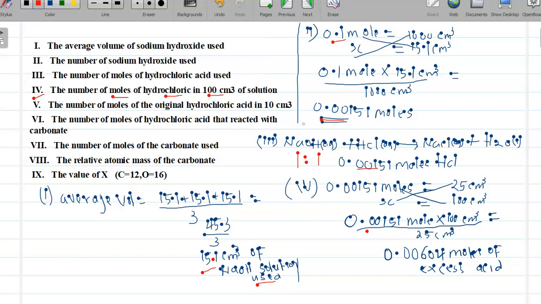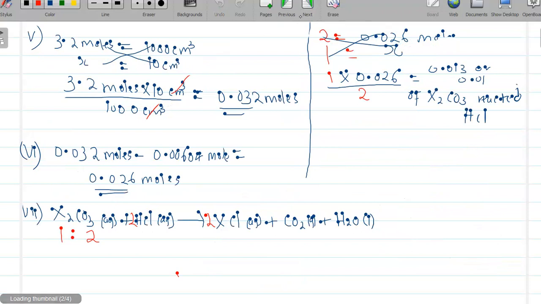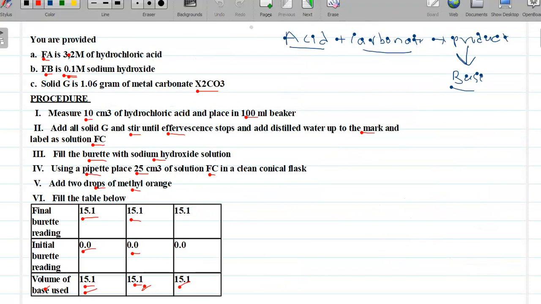Here we have the number of moles of the acid used in solution FC. So what is the volume of solution FC used? Let us see it in the procedure. Using a pipette, place 25 centimeter cubic of solution FC. So the volume of solution FC used, of the acid used, is 25.